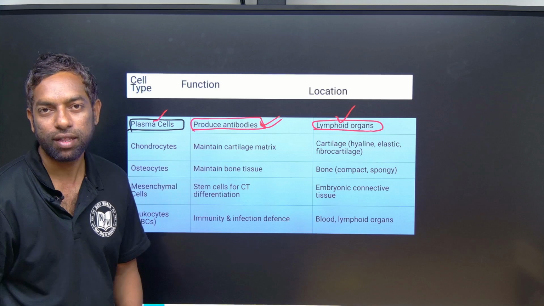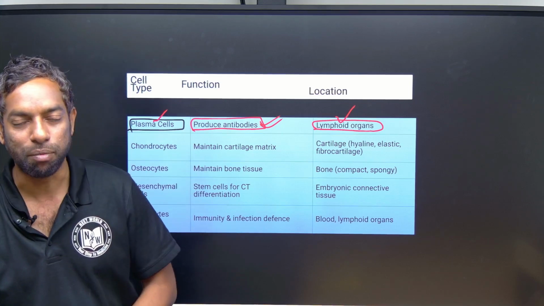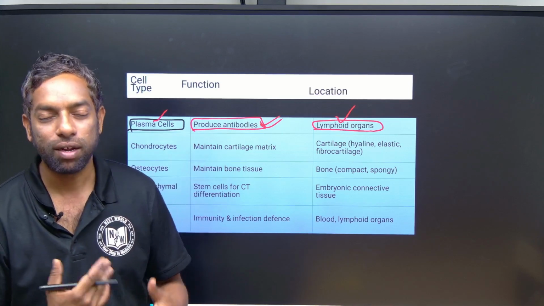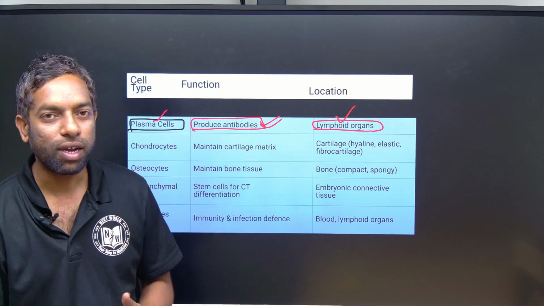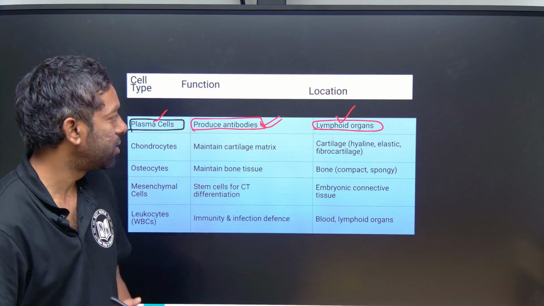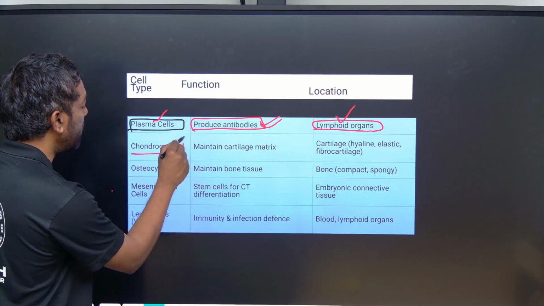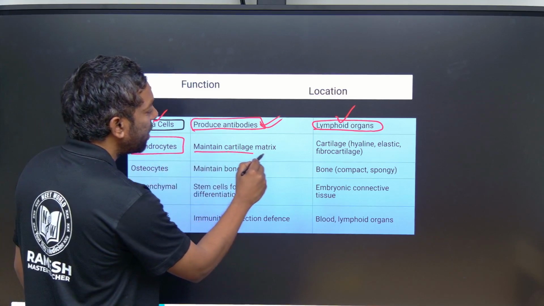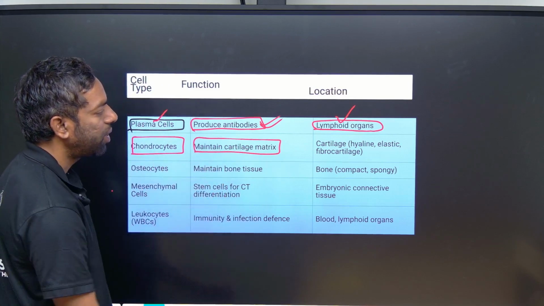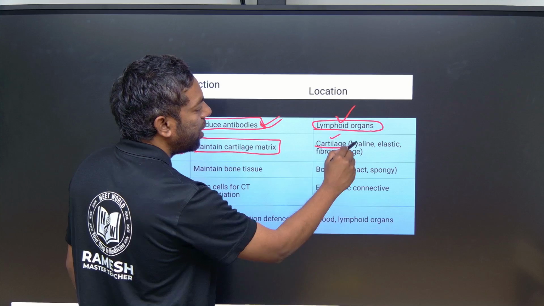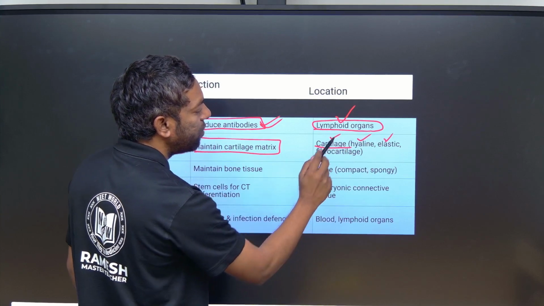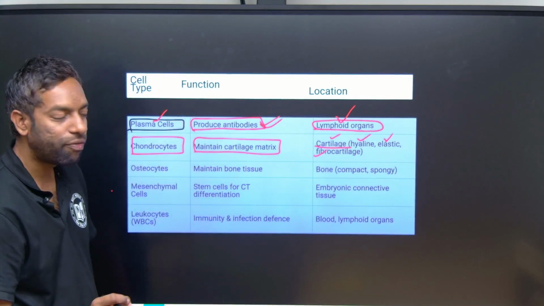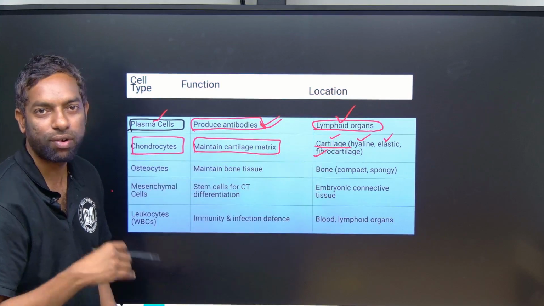What are the lymphoid organs in the body? How the lymphoid organs connect to the connective tissue, we are going to discuss. Chondrocytes maintain the matrix in cartilage. Here there is hyaline cartilage, elastic cartilage, and fibrous cartilage, the different types of cartilages we are going to discuss next.